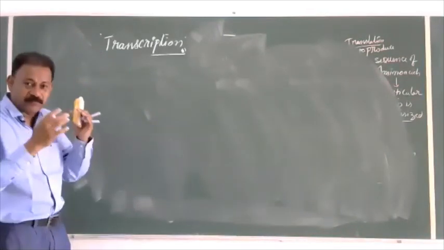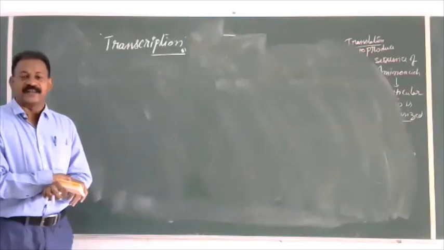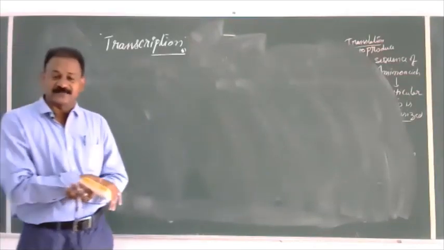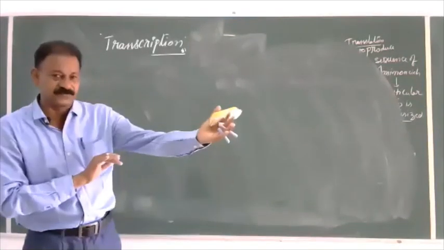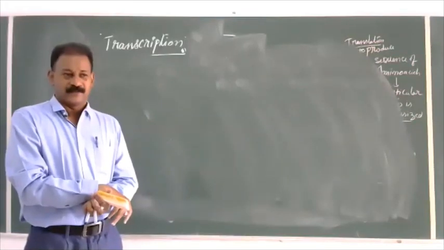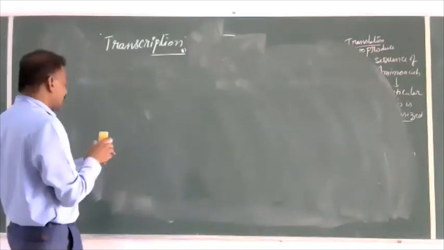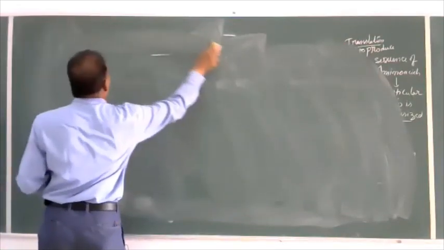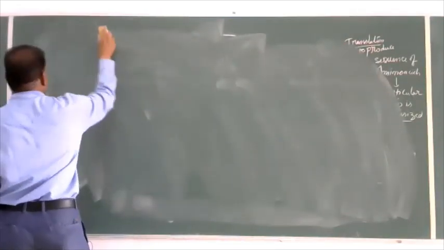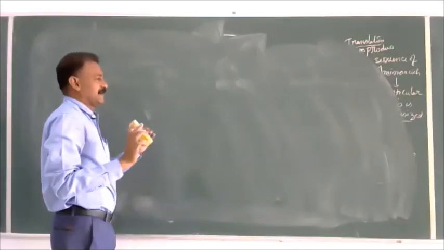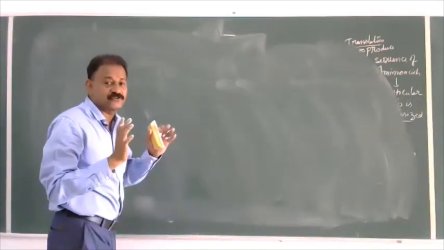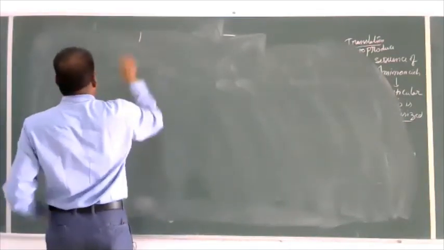So, what are the boundaries of transcription in the DNA? Where does transcription occur? How can you say that transcription is going on there? To understand the boundaries of transcription, we have the transcription unit. The segment of DNA where transcription occurs is called the transcription unit.